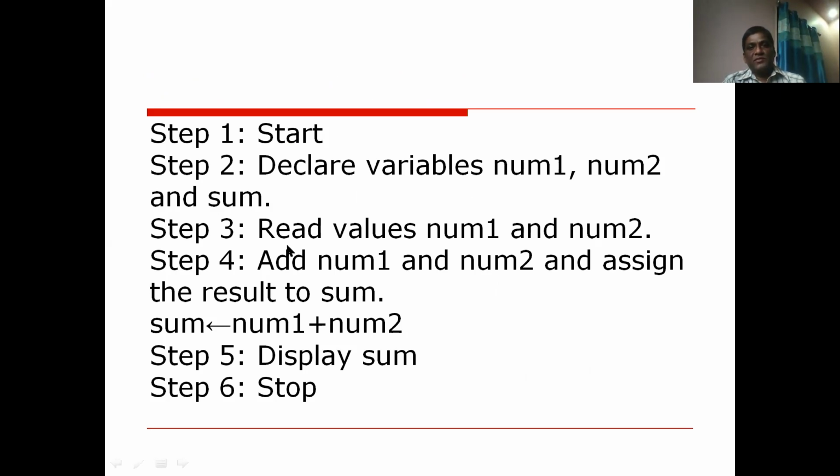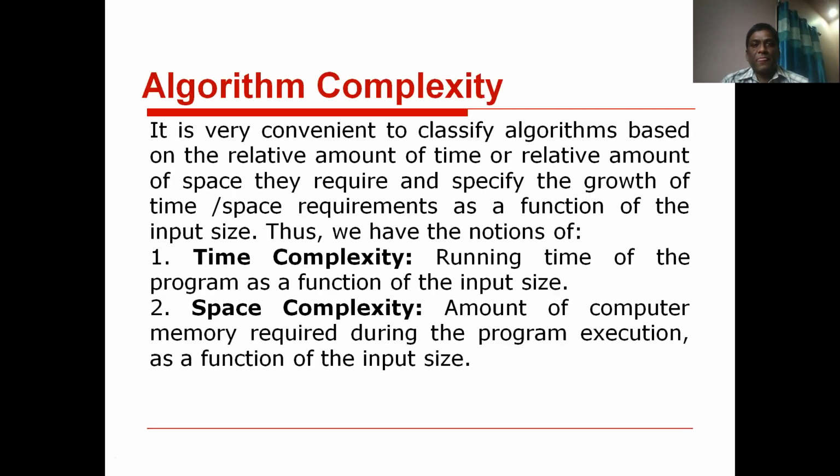Step three is read the values num1 and num2, and step four is add those numbers and assign the result to sum. And finally display the sum, stop the algorithm. So this is a simple example. Maybe this is a very general way of writing your algorithm, but you can use pseudocodes for proper understanding of the algorithms, right?